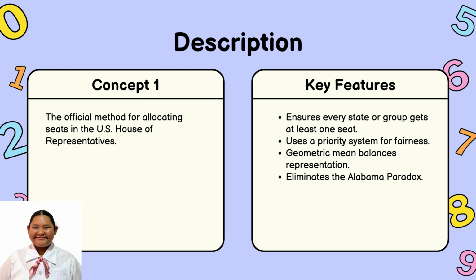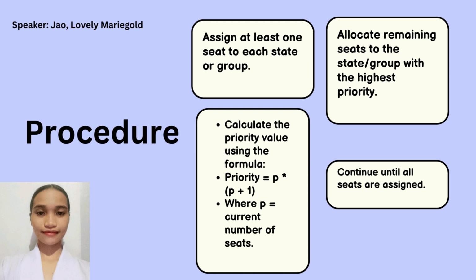It eliminates problems like the Alabama paradox, where a state could lose a seat when the total number of seats increases. Here are the steps. First, assign at least one seat to each state or group. Second, calculate the priority value for each state or group using the geometric mean formula, which is priority equals the square root of P multiplied by the quantity P plus 1, where P is the current number of seats assigned to the state or group.